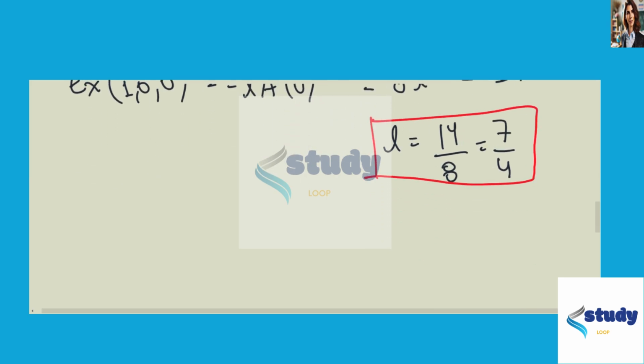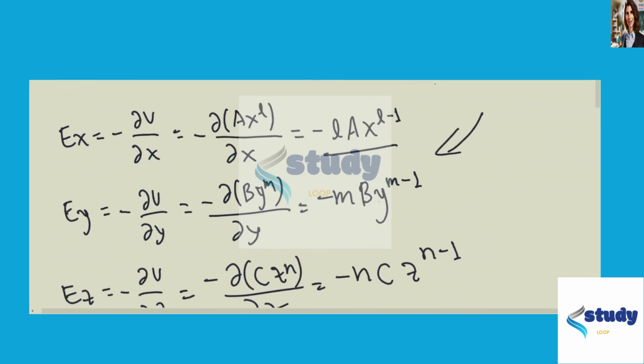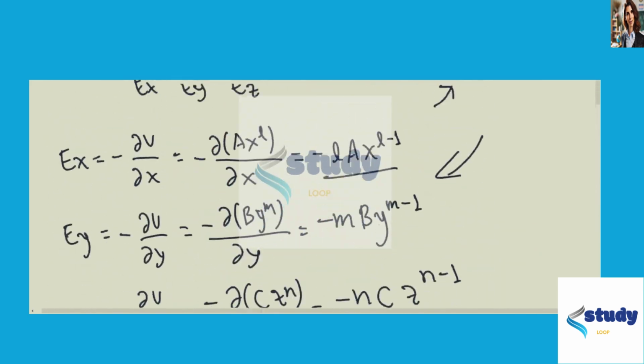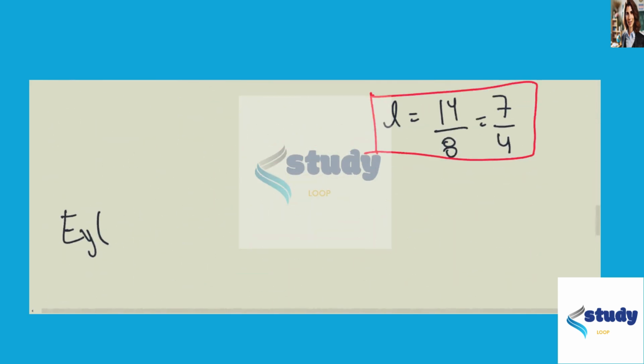And now to find the value for the other exponents, for the y component of the electric field we have minus m b, evaluated at 0, 1, 0. It only depends on y, and this is y to the n minus 1, which is 1.